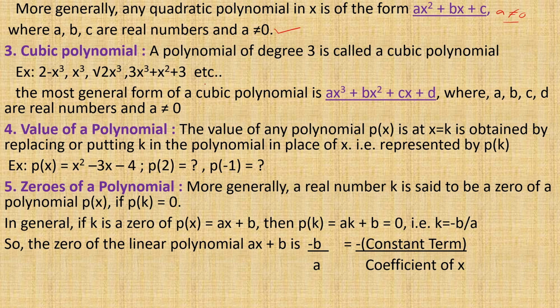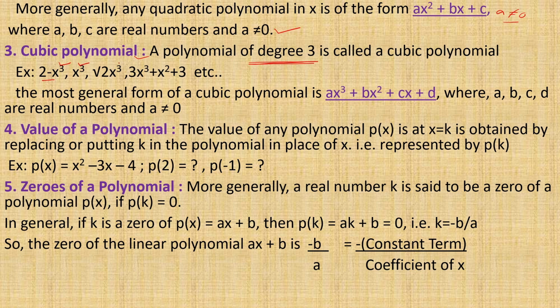Next type of polynomial: the cubic polynomial. A cubic polynomial is a polynomial of degree 3. For example, 2 minus x cube, the highest degree is 3.